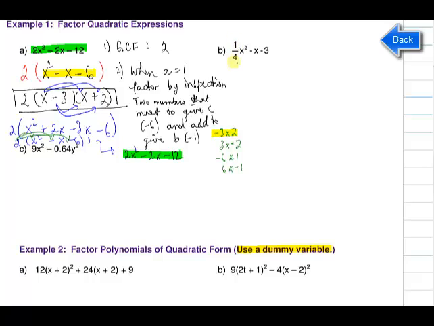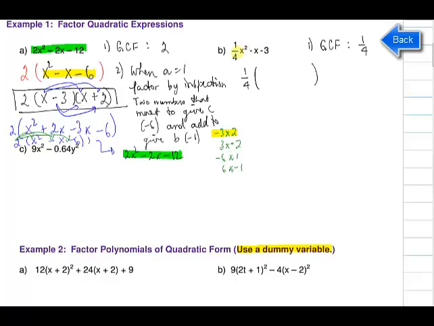All right, so B looks like it's a little trickier, and in a way it is, and that's because your a value is a fraction. So do you have a GCF? Yes, you do. And your GCF is the coefficient on your x squared in this particular case. Okay, so 1/4. So we will factor that out.